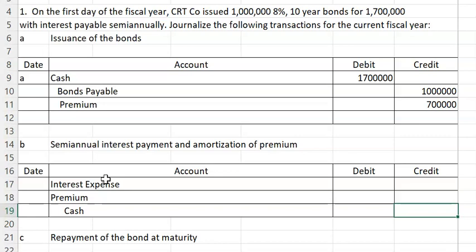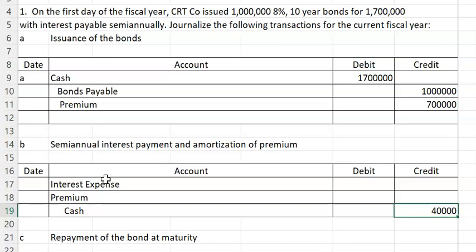We always pay cash interest by face value times contract interest rate times time. My face value is 1 million, my contract interest rate is 8%, 0.08, and my time is 6/12 because it's semi-annual. So I'm going to pay out $40,000.